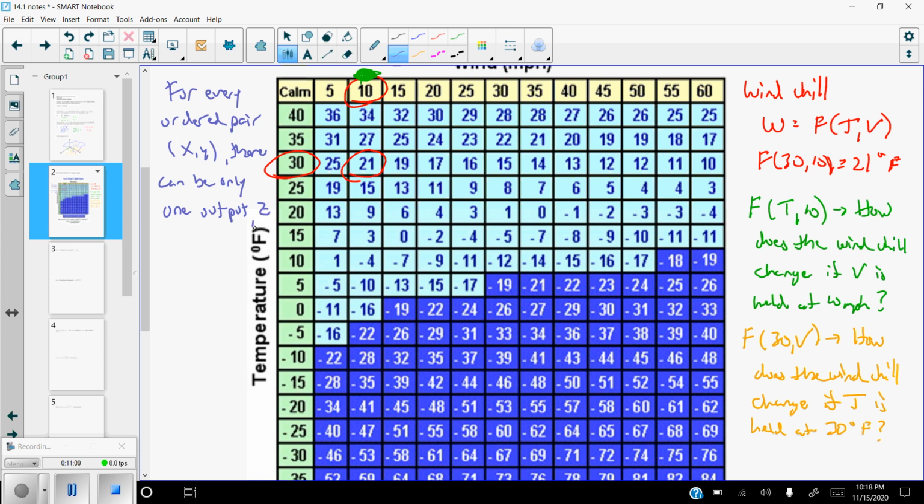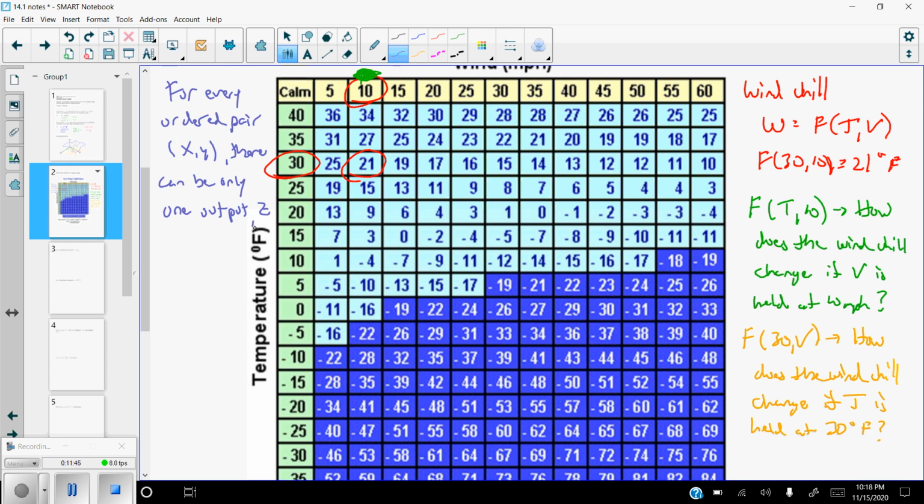For every set of inputs, ordered pair X and Y, in this case it's not X and Y, it's T and V, but in general, for every ordered pair, there can be only one output. In other words, I can't plug in 30 and 10 and get 21 degrees, but also get 27 degrees. That doesn't make any sense. It can't give me two different outputs. It can only give me one output. Okay, again, that's just the idea of a function. The inputs can only yield one output.